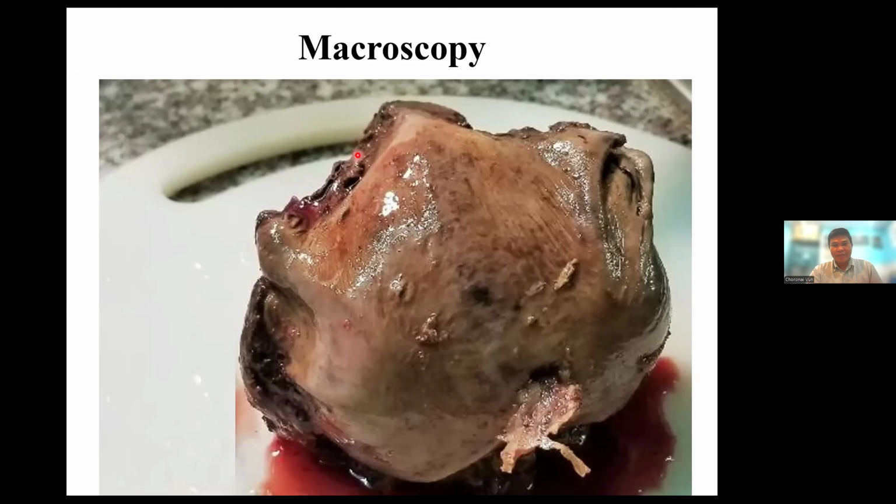He sent me the total hysterectomy specimen. I received the total hysterectomy, the uterine corpus with smooth borders and a surgical puncture. Here is the adnexa, tumor adnexa here.